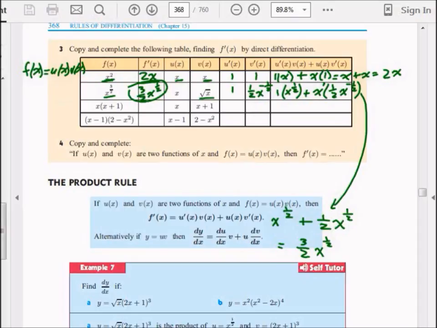Okay, now we can continue this down. I'm going to take it to a bigger piece of paper on the smartboard. Okay, I don't have enough room here anymore. The function was f of x equals x times x plus 1, which is the same as x squared plus x.